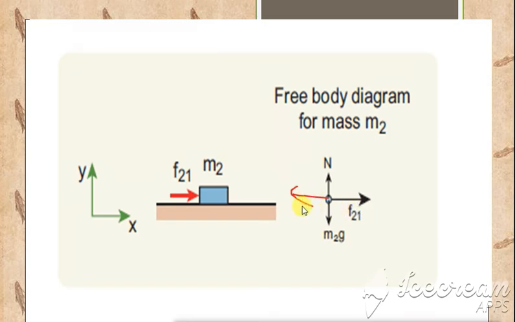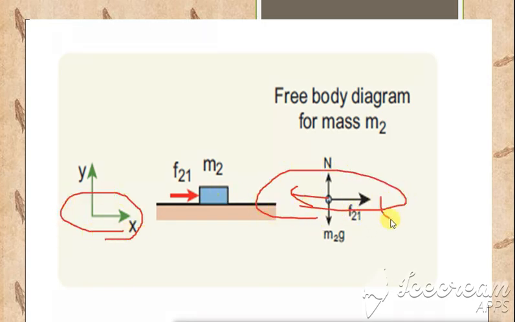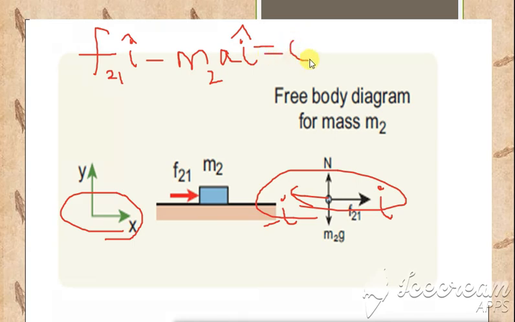Okay, so these are all acting along what direction? X direction. So what will we take for this? We'll take positive X. What will we take for this side? Negative X. So we'll be writing the equation as F21 into I cap minus m2 a into I cap that is equal to what? 0, we can take it like that. Or else we can take it to this side and take the two as equal. Okay, so next, this is what is acting along the y direction.